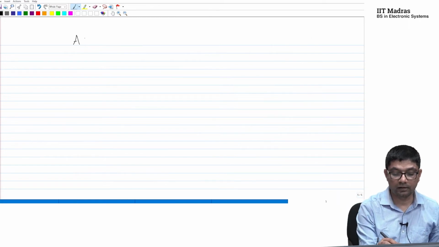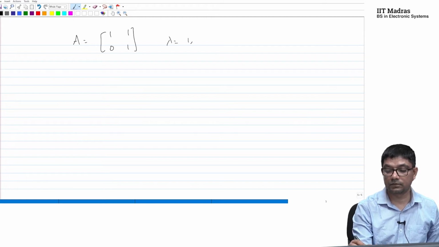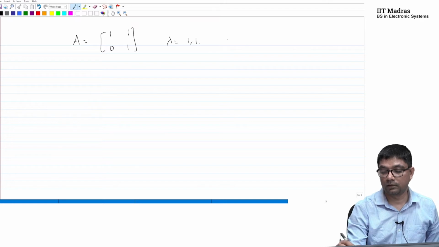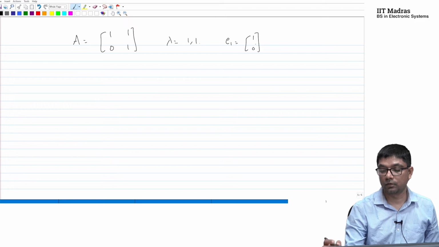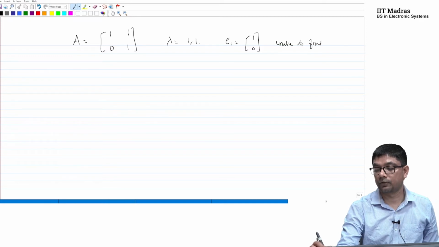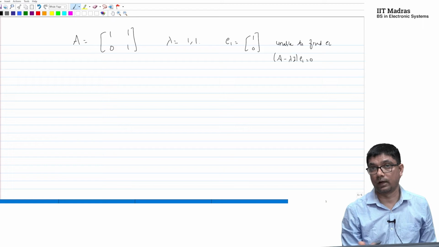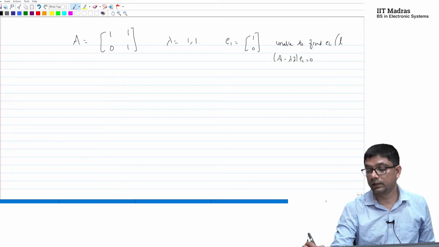A was 1 1 0 1, lambda was 1 comma 1, E1 was 1 comma 0, but I am unable to find E2, linearly independent of E1, such that A minus lambda I E2 equal to 0.